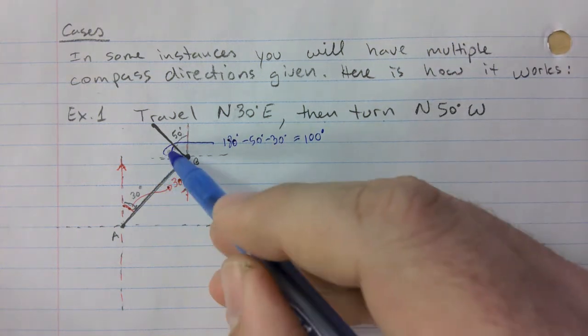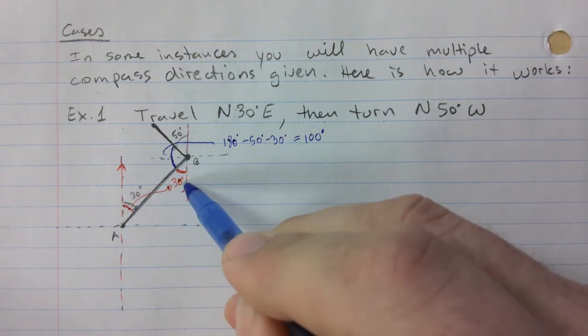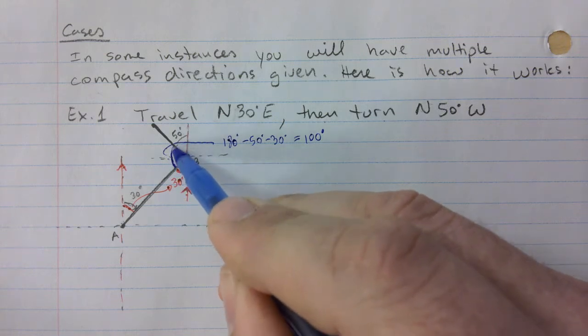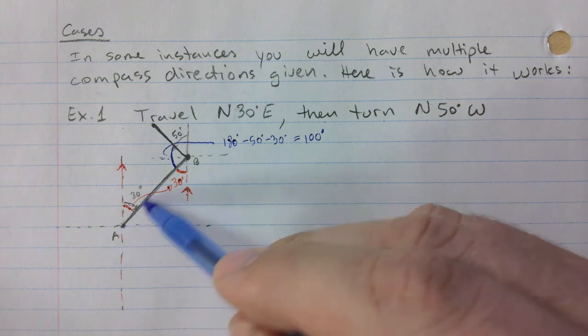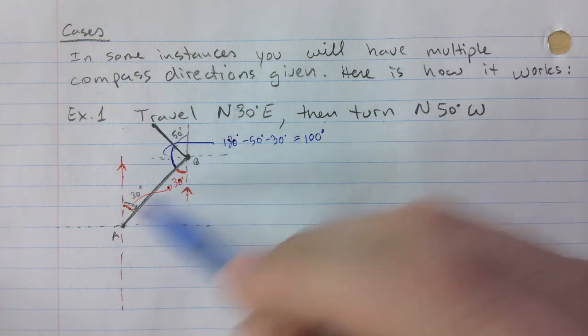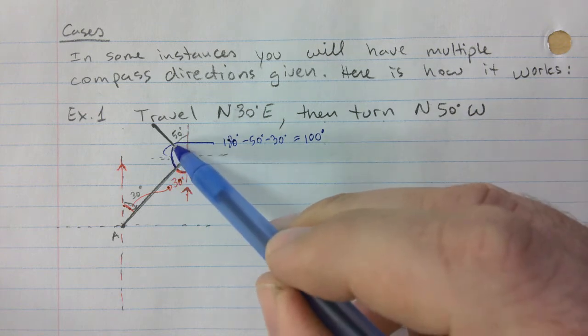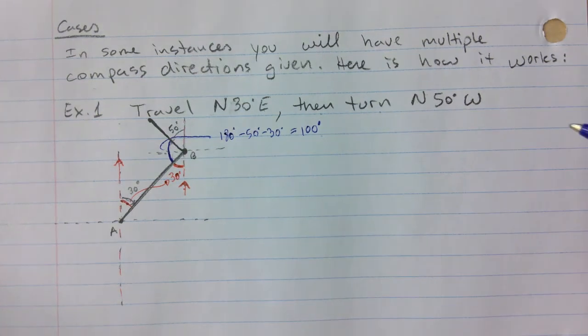So you actually found, by doing this, you were able to find that little angle that was in between, which is actually, and I'm going to tell you that secret, it will end up being part of your triangle, right? So you want to know this one right here. So that's one of the cases that you can encounter.